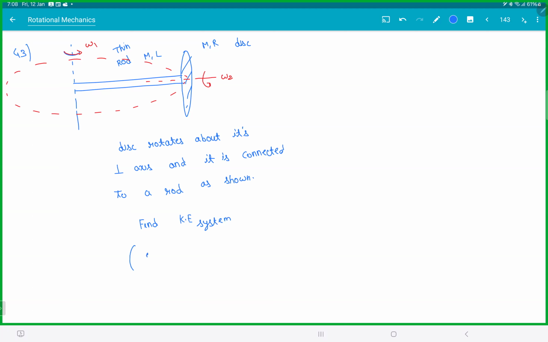This is like a swinging table fan. You have your own rotation and you have a revolution also. Now, if you see here, there is no translation here. So if you write the formula half m v com square plus half I com omega square, you'll be gone. Get the energy of the system.